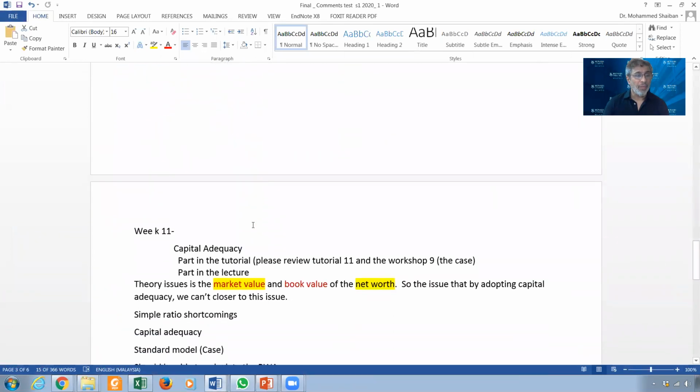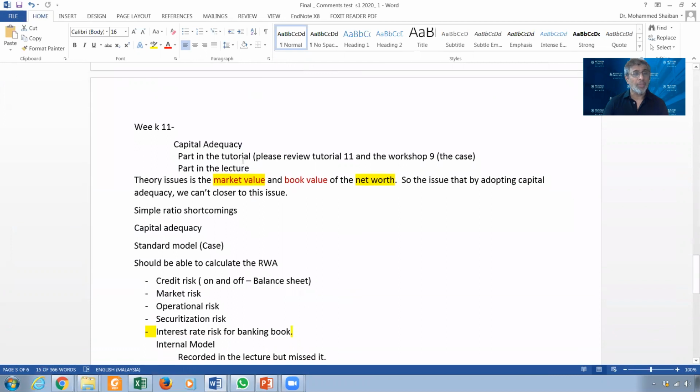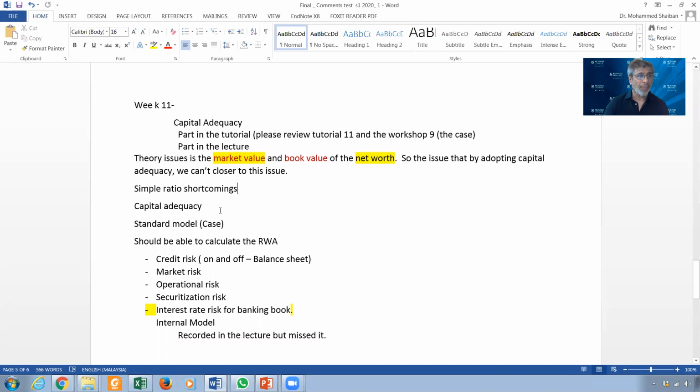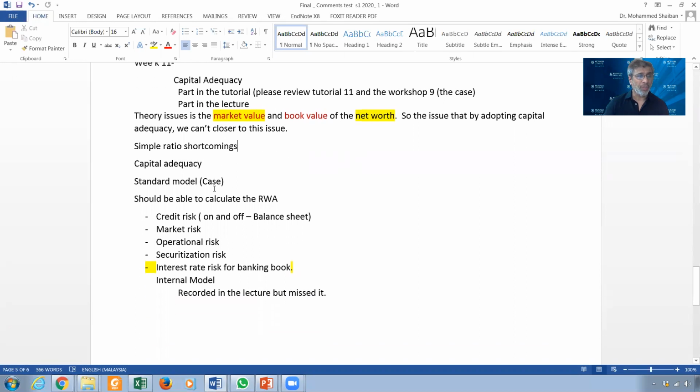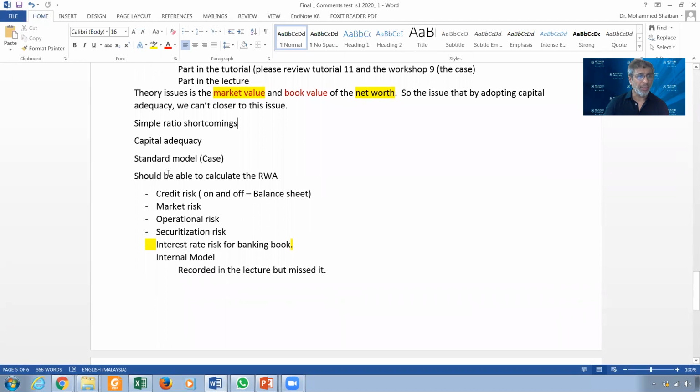In week 11, we talked about capital adequacy, part of it in the tutorial, and part of it will be in the case, which we will discuss tomorrow. We also talked about one more issue, which is the market value versus the book value. We talked about capital adequacy calculations.